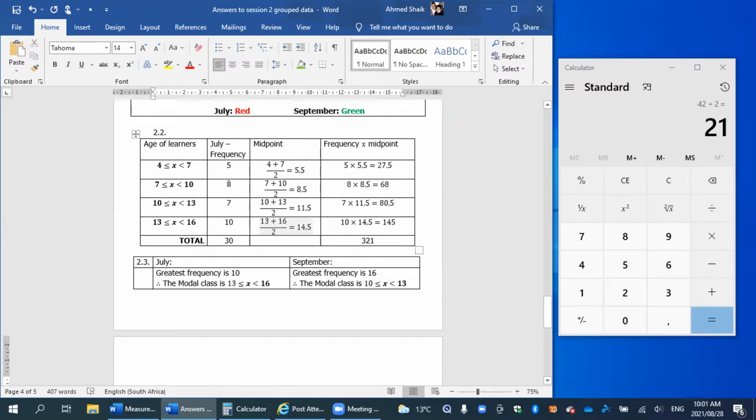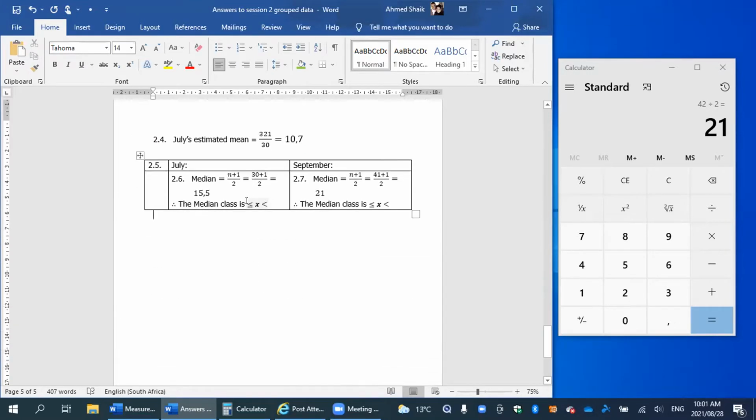Looking at this, 5 plus 8 is going to be 13, and 13 plus 7 is 20. So it tells us that it's going to lie in the interval 10 less than or equal to x, which is less than 13.